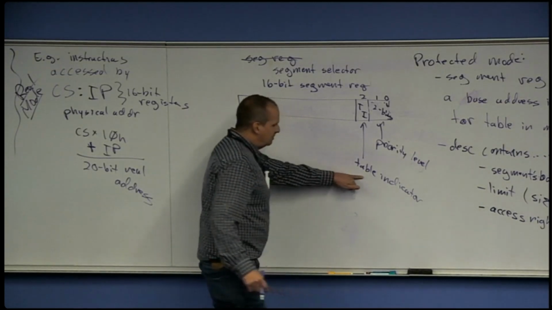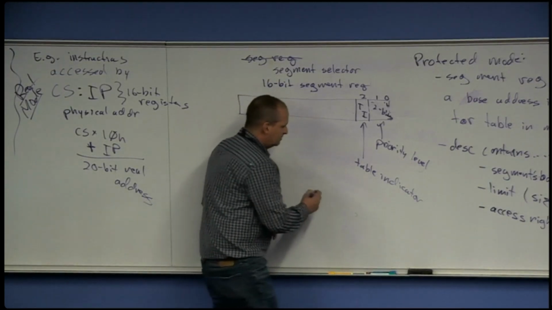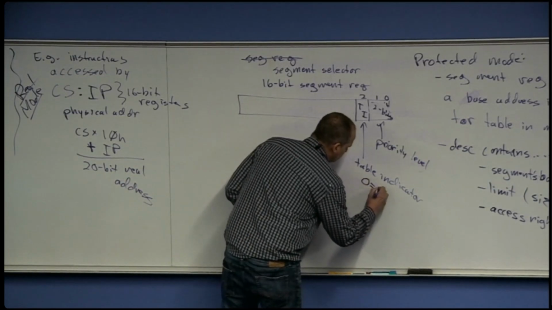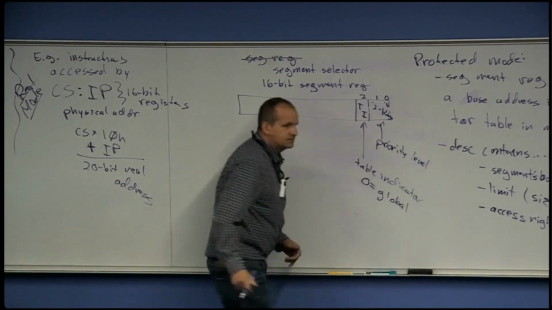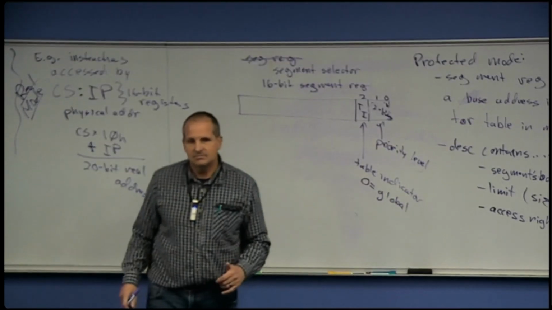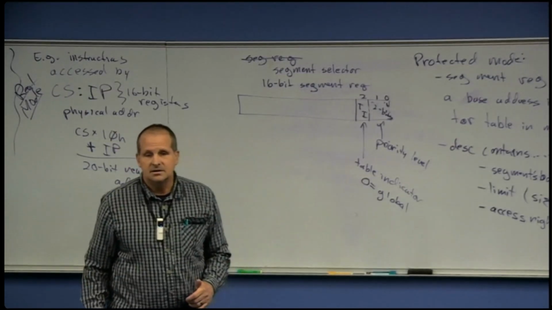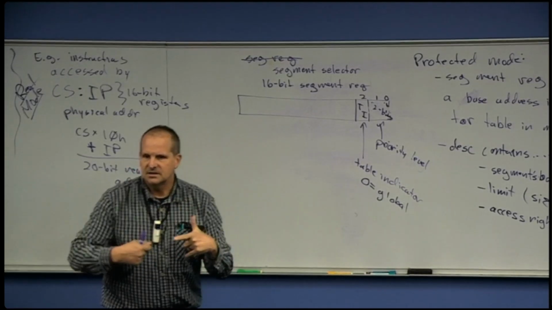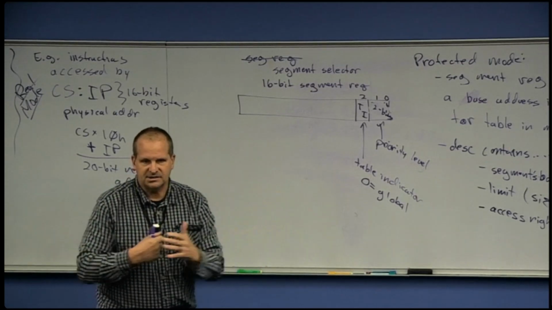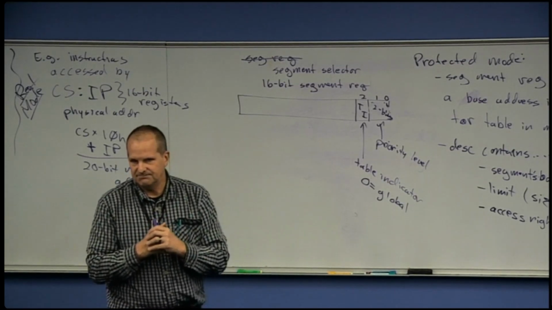So table indicator bit 0 means global. What's global? Anything can access that segment.